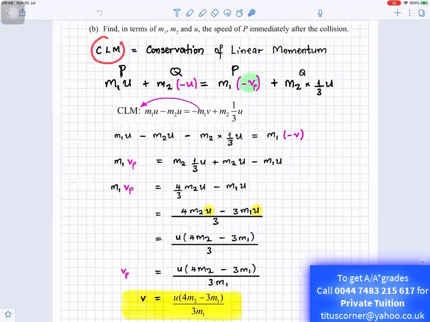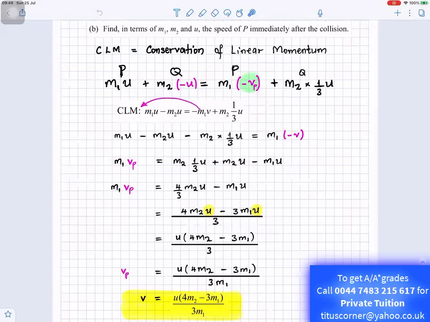So using conservation of linear momentum, CLM, we have final momentum for P and final for Q. We want to make the velocity I've highlighted, v, the subject. So we take it to one side.